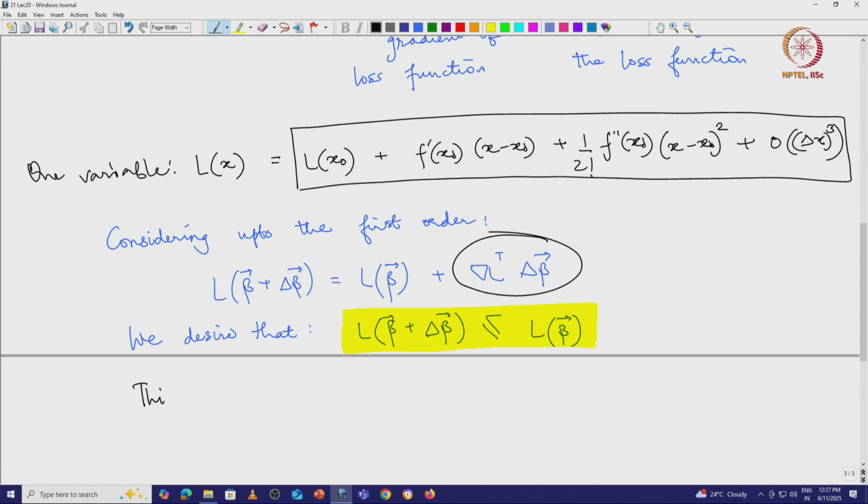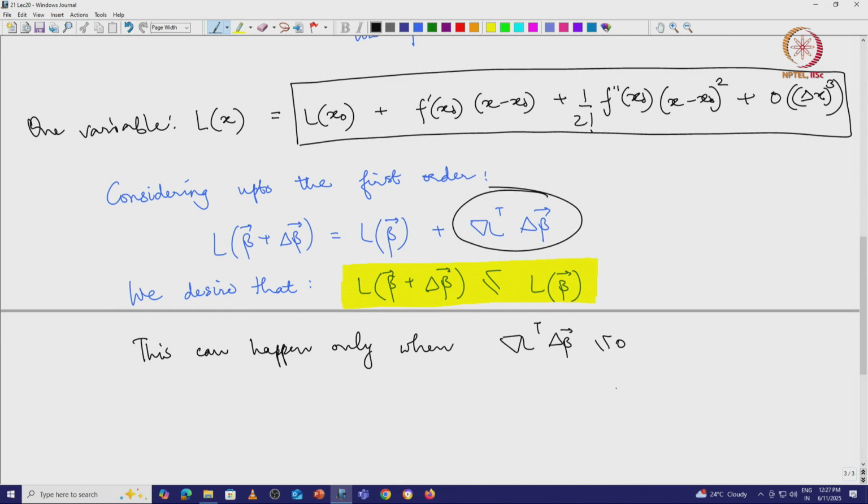So, this can happen only when your gradient L transpose times delta beta is less than or equal to 0, right. So, this can be ensured with the highest magnitude, right.